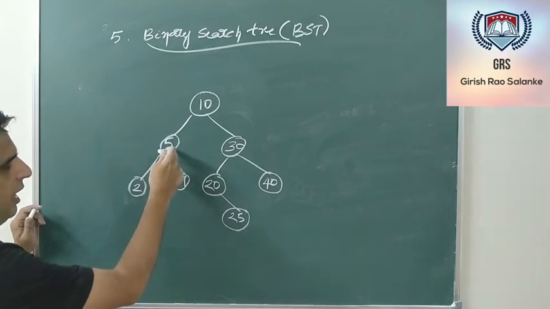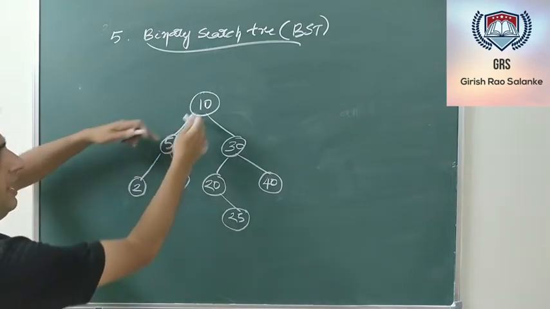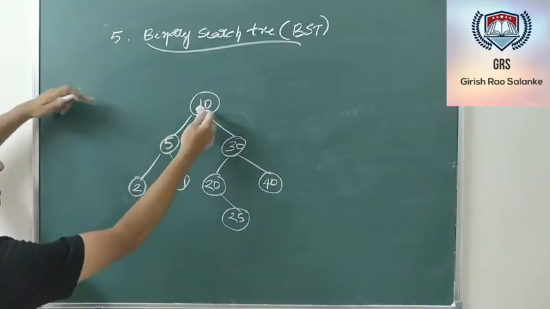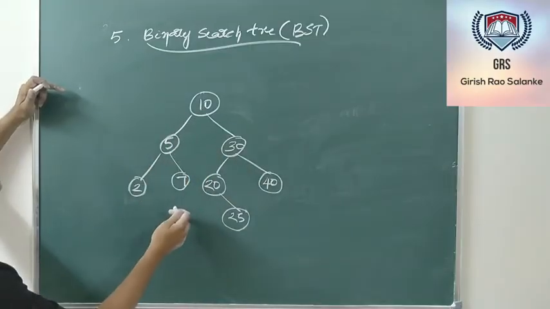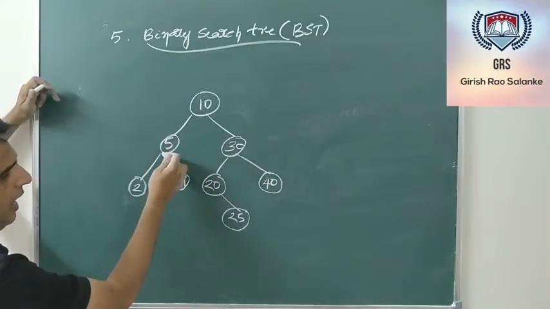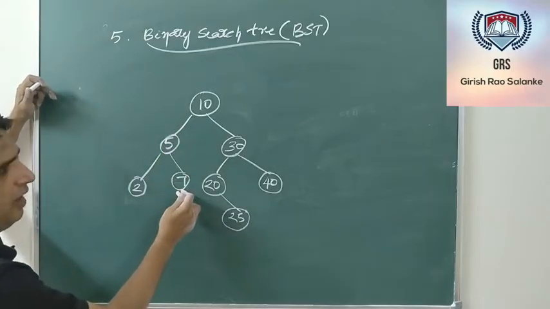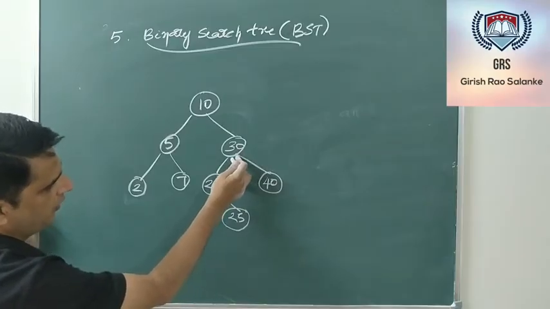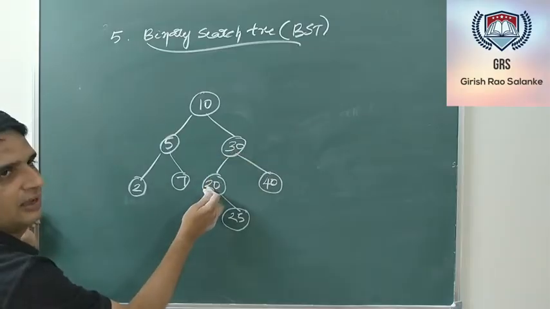And if I need to have any right child, it should be greater than 5 but less than 10. Note that it should be less because all the left subtree of this 10 should have values lesser than 10. Similarly for node 30, the left child is 20, which is greater than 10 but lesser than 30.